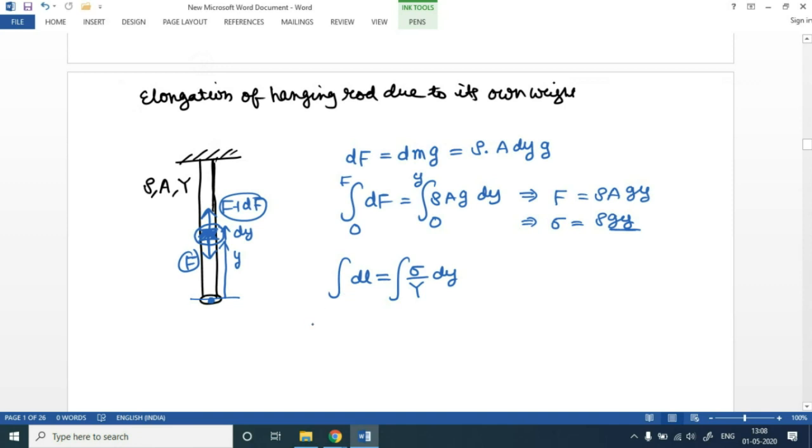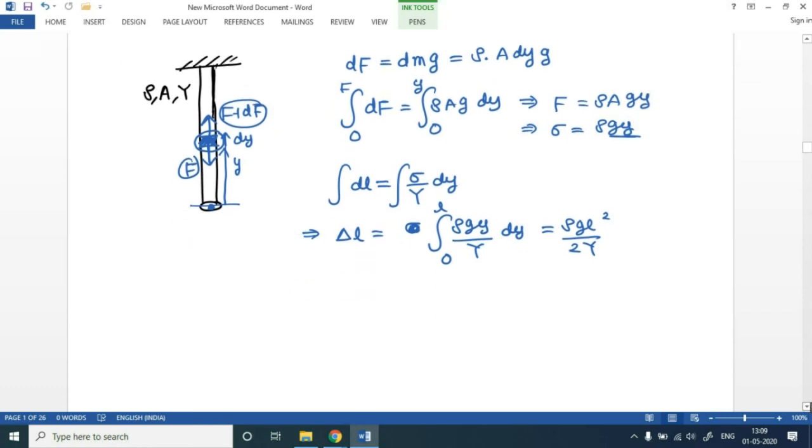The left hand side would be delta L, and sigma as a function of y we have already got, so that is rho g y upon Y into dy, integrated from 0 to L. This will give us simply rho g L square by 2Y. So that is the total elongation.